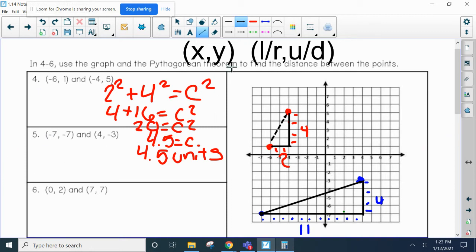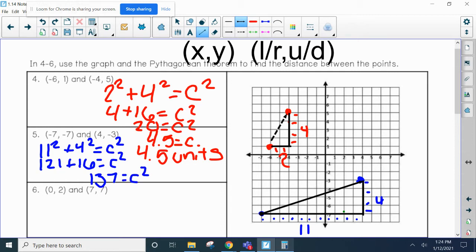All right, so again, we have our a and our b formed by the coordinate plane. So a squared plus b squared is going to equal that distance squared. 11 squared is 121. 4 squared is 16. And again, that sum is equal to our missing side squared. 121 and 16 is going to give me 137.